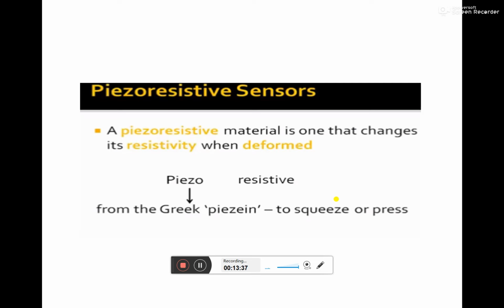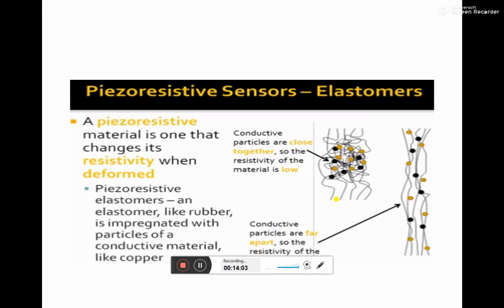Piezo in Greek means to squeeze or press, because whenever we apply some force or weight over the material, it squeezes or presses the inside grains. That's why that word came to these piezoresistive sensors. This diagram will explain the piezoresistive sensors.